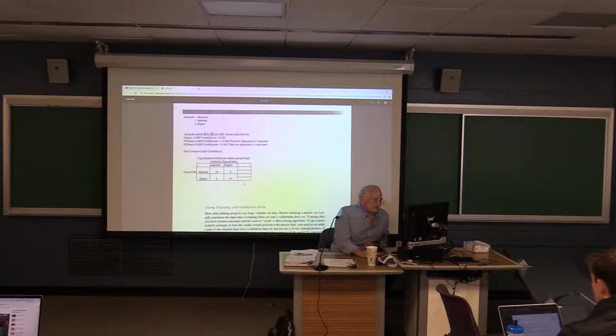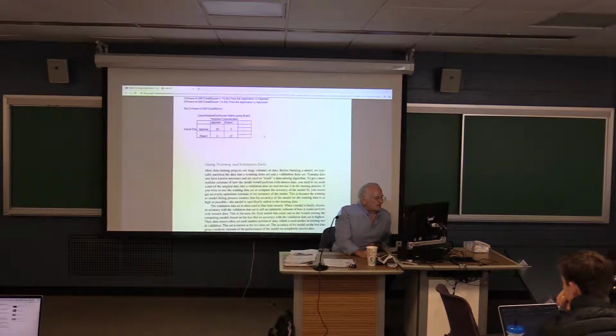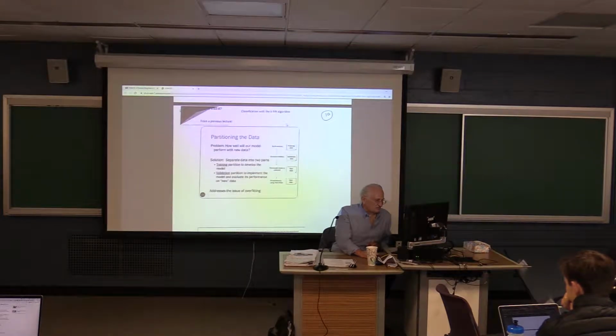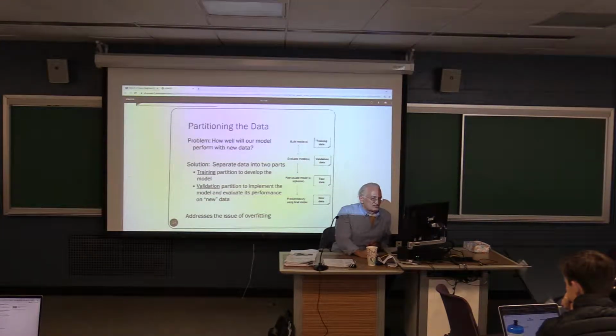We talked a lot about training and validation data, and we know that the training data, and I have a nice picture here, is used to generate a model that has statistical properties.